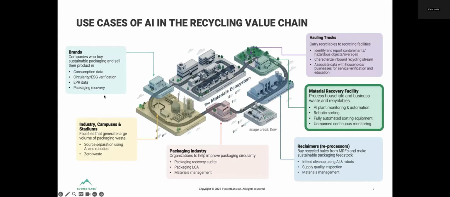And then the data can ultimately also help brands with their sustainability efforts and circularity efforts. So there's a lot of use cases for AI once you can identify these recyclables accurately. And as I mentioned, I'm going to turn it over to Katie to talk about how we help the material recovery facilities and give you some hands-on examples.